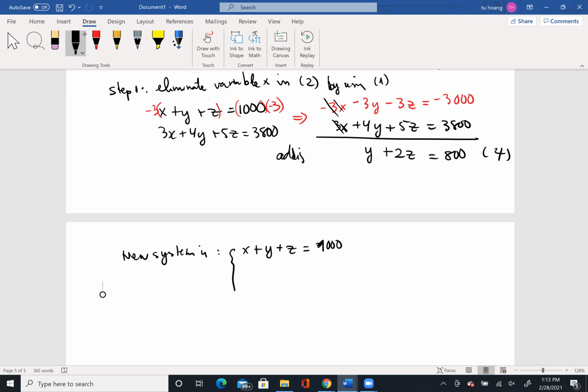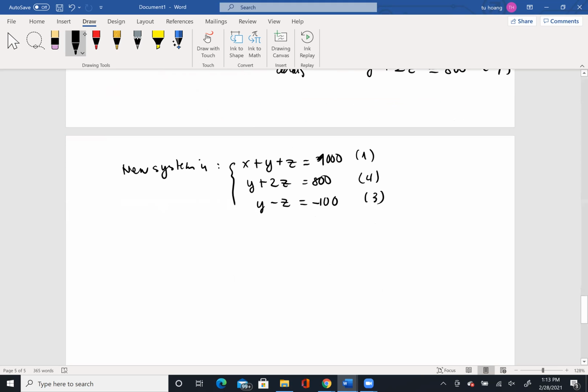The second one is y plus 2z equal to 800. And the last one is y minus z equal to minus 100. So I know this is 1, I know this is number 4, and I know this is 3. Okay. And what I need to do is move to step 2.